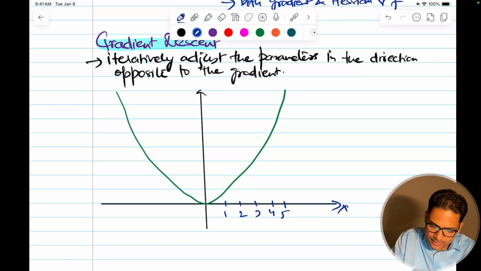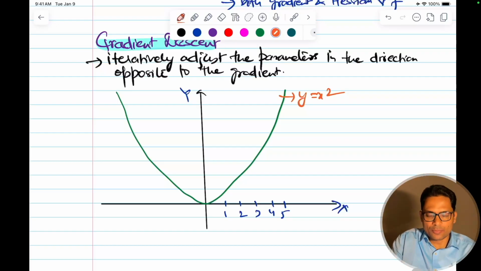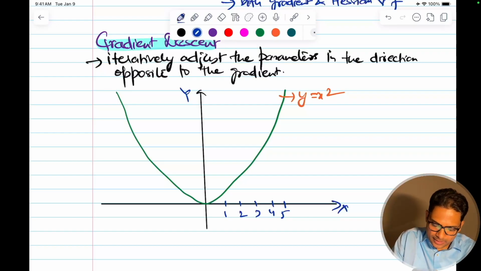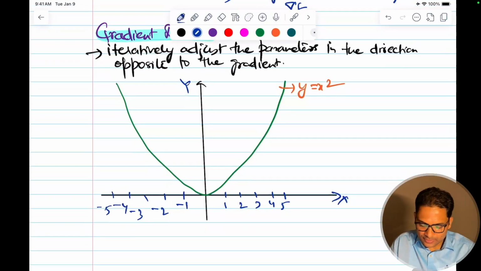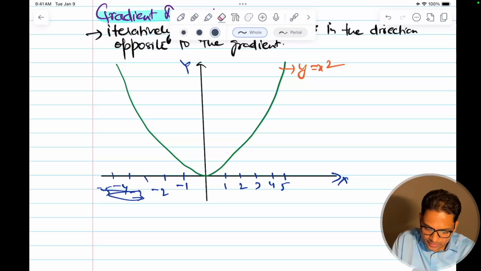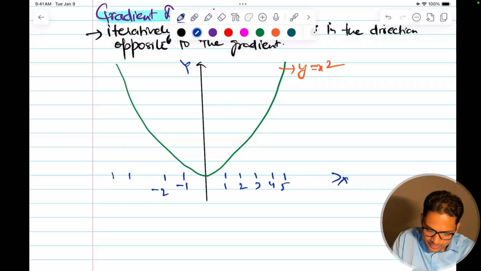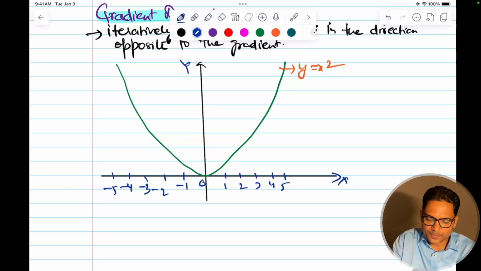This is your x-axis, this is your y, and this is y equal to x square. So this is a parabola. Minima is here, and here you have -1, -2, -3, -4, -5, and 0.